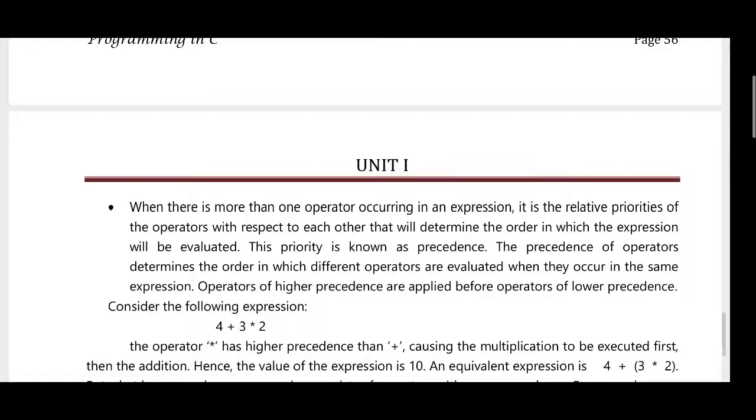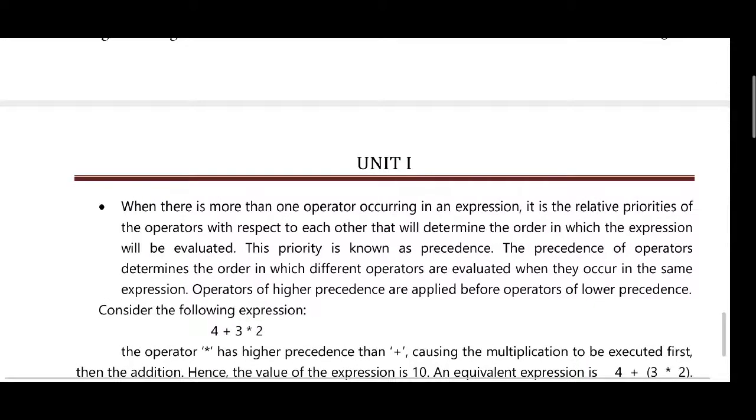Which operator is done first, which is the first priority, and which priority is done next. There is a procedure here. Here we see this procedure.